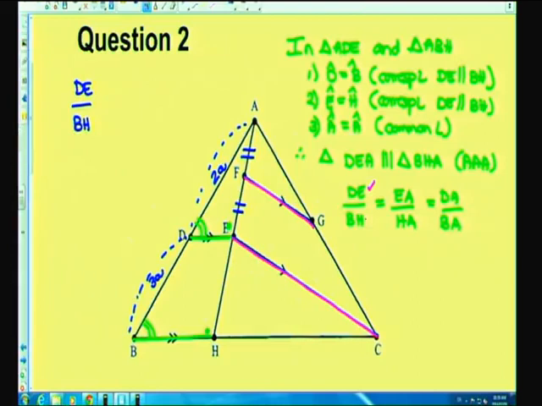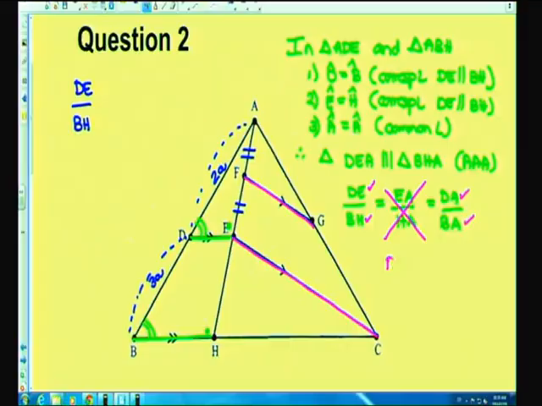I'm looking for BH, I want that one in. EA, I know nothing about except for the fact that it's divided in half by F. And HA, I know nothing about at this moment, so I can erase that one for now. But DA, I know is 2A, and BA, I know I can find in terms of A. So those are the ratios I've got to work with.